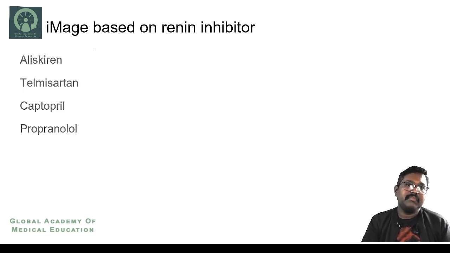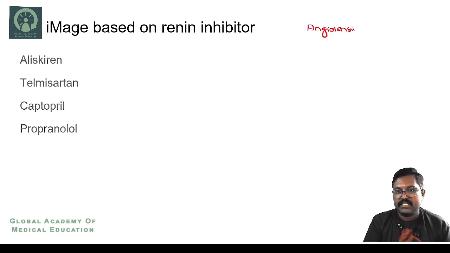The image which is shown, an image based on renin inhibitor, was asked. So if they ask about renin, you can remember this step. Angiotensinogen will be converted into angiotensin 1 and angiotensin 2.